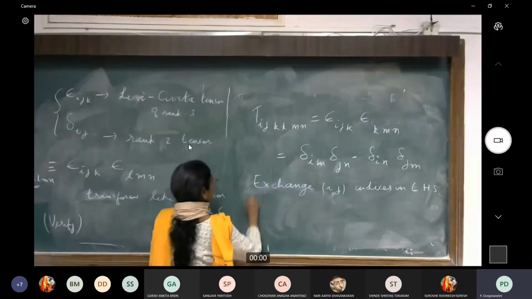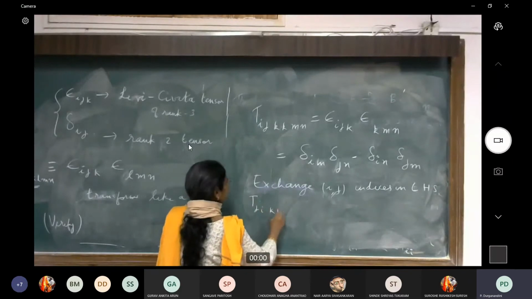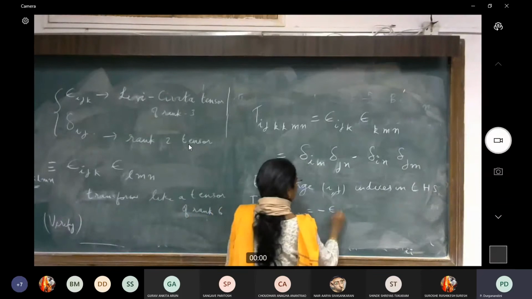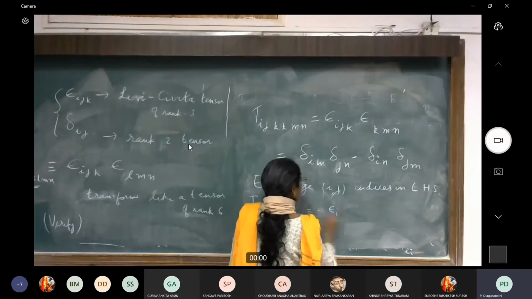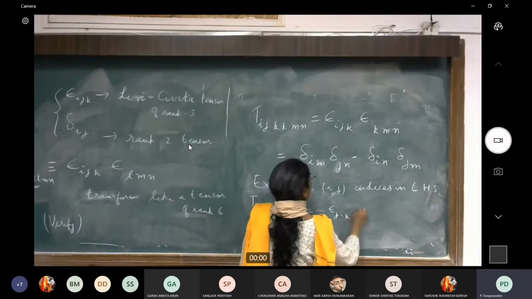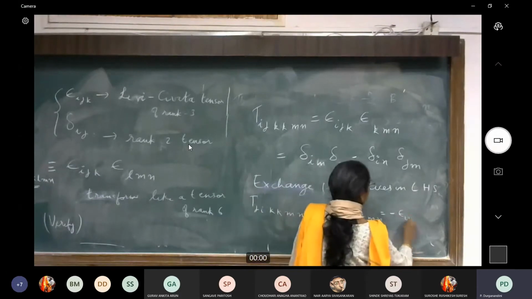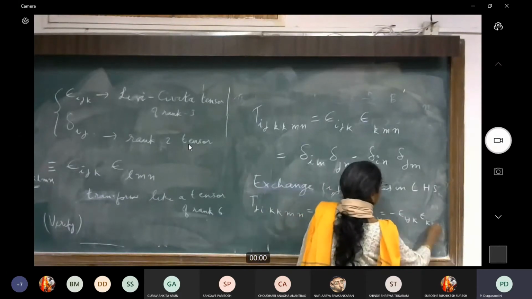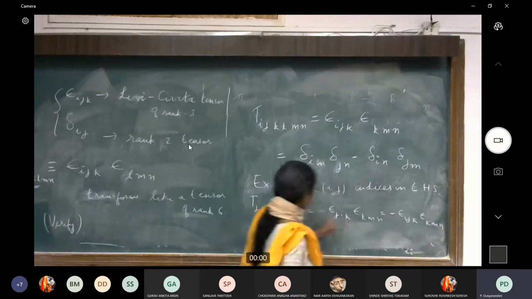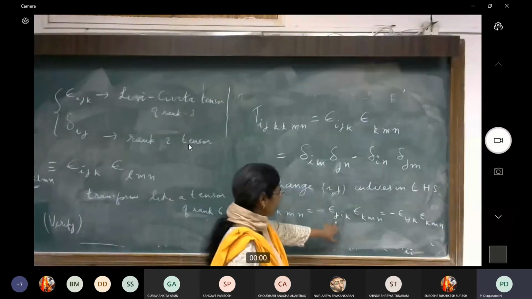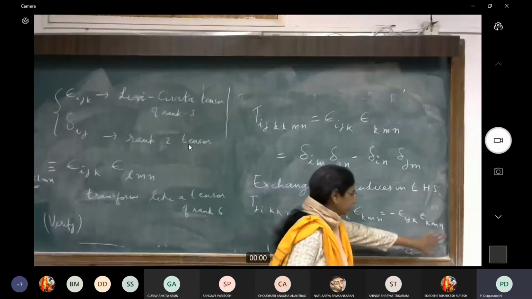What you will find is I will get T j i k, k m n, and that's equal to minus epsilon, it's epsilon j i k, epsilon k m n, and it should be equal to minus epsilon i j k, epsilon k m n. For this I just exchanged them, and then I used the fact that epsilon j i k is minus epsilon i j k, and I've just written it.